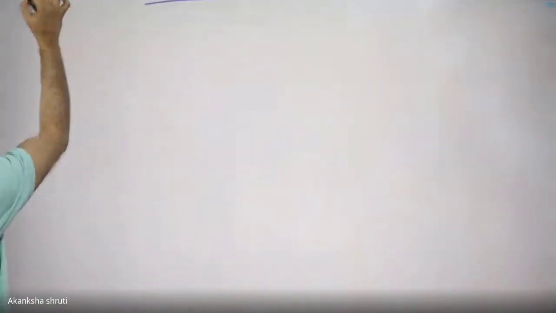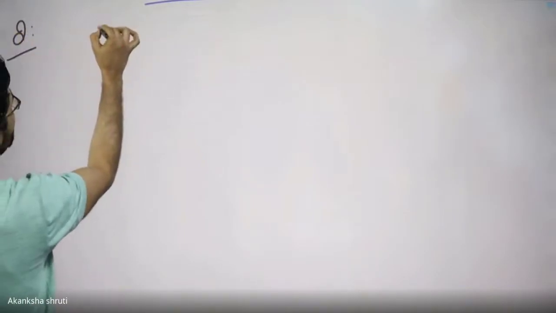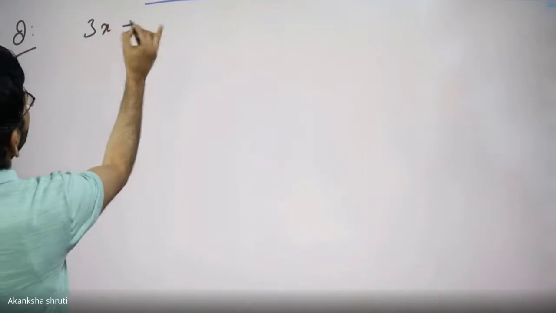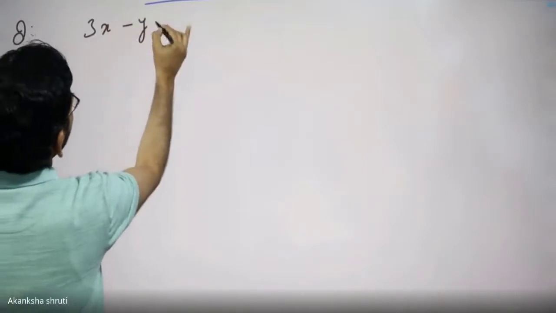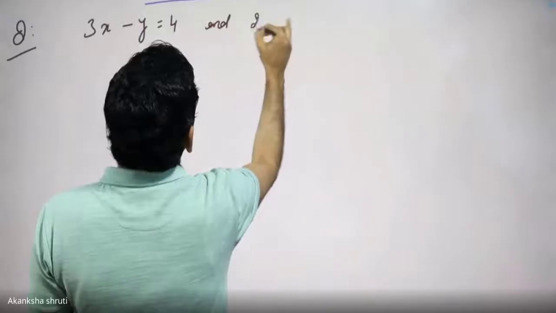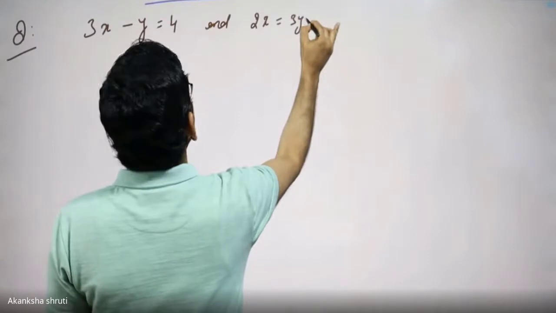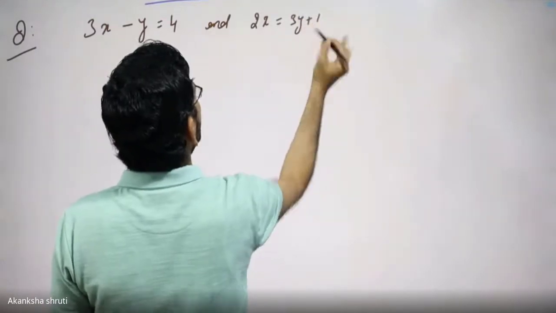Student, the next small thing is, let us consider the two equations, 3x minus y is equal to 4 and 2x is equal to 3y plus 1.